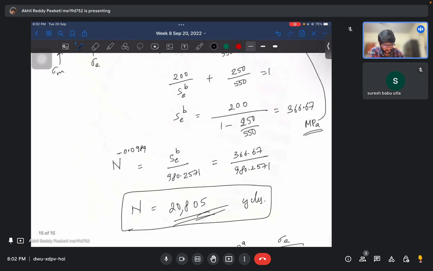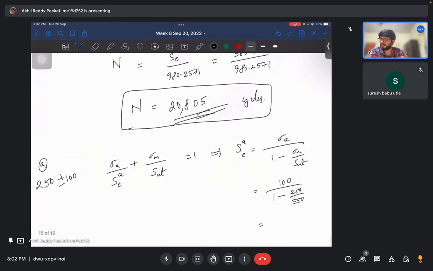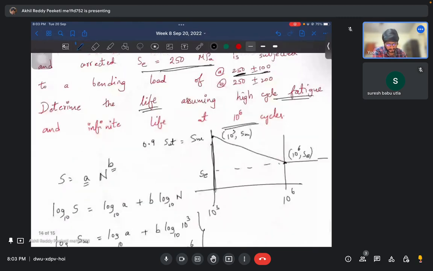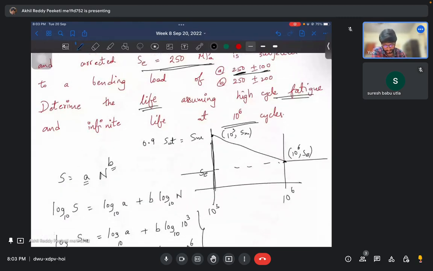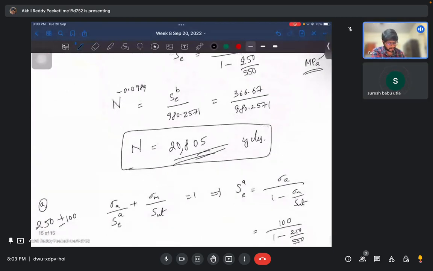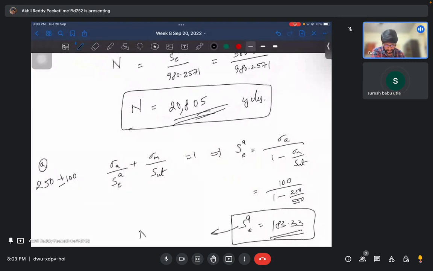This is exactly half of the previous one, so 183.33. One simple thing you need to see now: this endurance strength is 250 MPa. So if anything is below that, the life is infinite, right, Suresh? Yeah. Because we are getting 183.3, N is actually infinite.